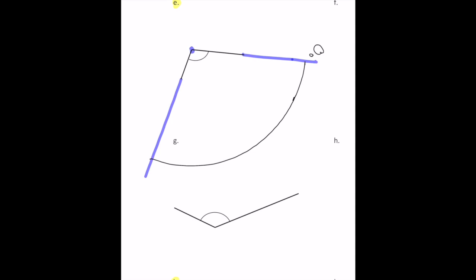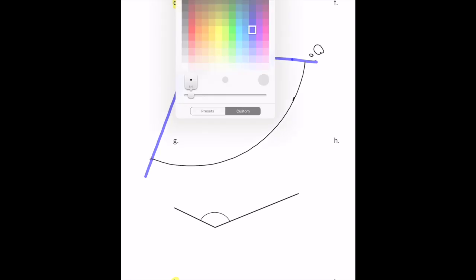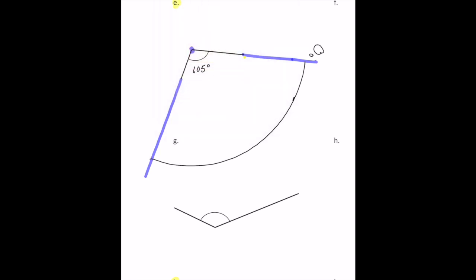So I'm going to turn my page over again so you can see me writing it right side up, 105 degrees. And this time you notice I measured from where? I measured from this line segment in this direction. And that was because I turned my paper upside down and measured clockwise. So I got 105 degrees approximately for this angle.